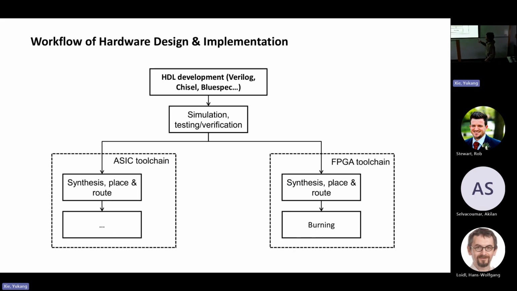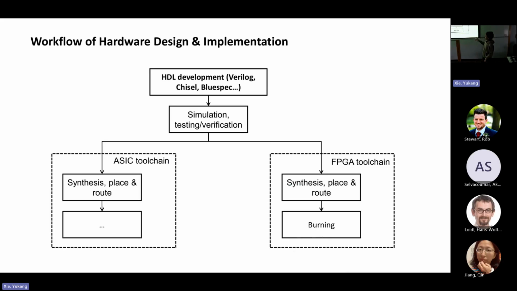So after you have your design, you need to test it through simulation, and then you can send it to different workflow tool chains. You can go to the ASIC tool chain, which will give you a real chip. You can also use FPGA tools to burn your design onto an FPGA chip. Such EDA tools will do a lot of detailed work for you to generate the real circuits.